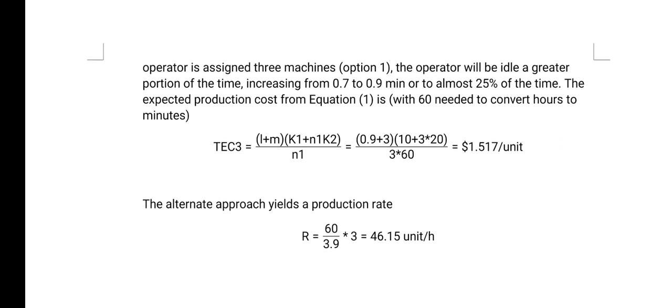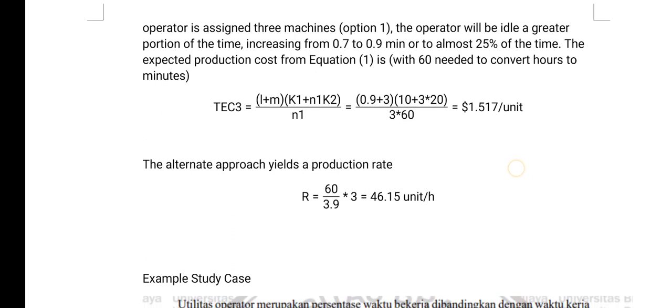So the alternative approach yields a production rate R of 46.15 units per hour.